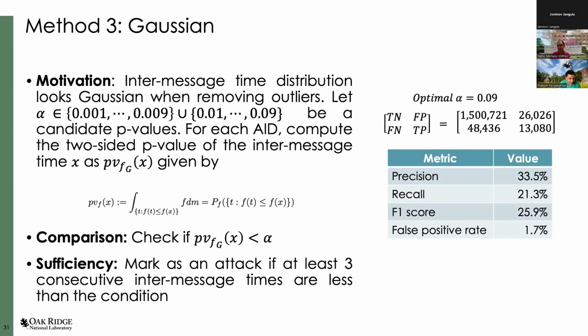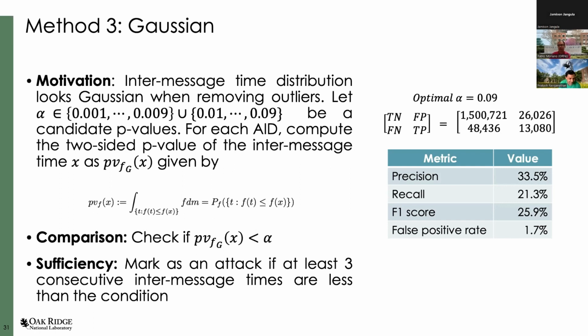The third approach builds on the notion of understanding the inter-message time distribution of these CAN frames. As we saw in one of the previous figures, it looks like it may be very well represented by a Gaussian distribution.